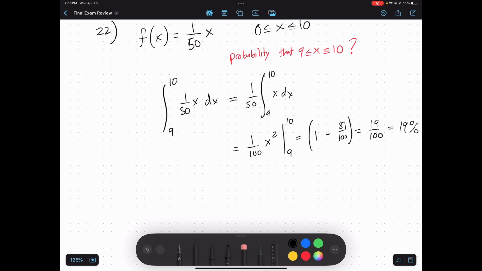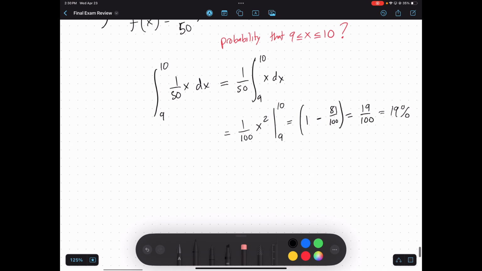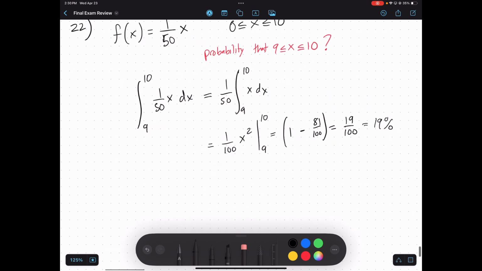That's a higher probability, even though this is only 1/10 of your range. And that's because if you have a linear probability distribution like this, it gets more likely the bigger the number. Okay, sounds good. So there's my probability problem. Okay, moving on. 23.